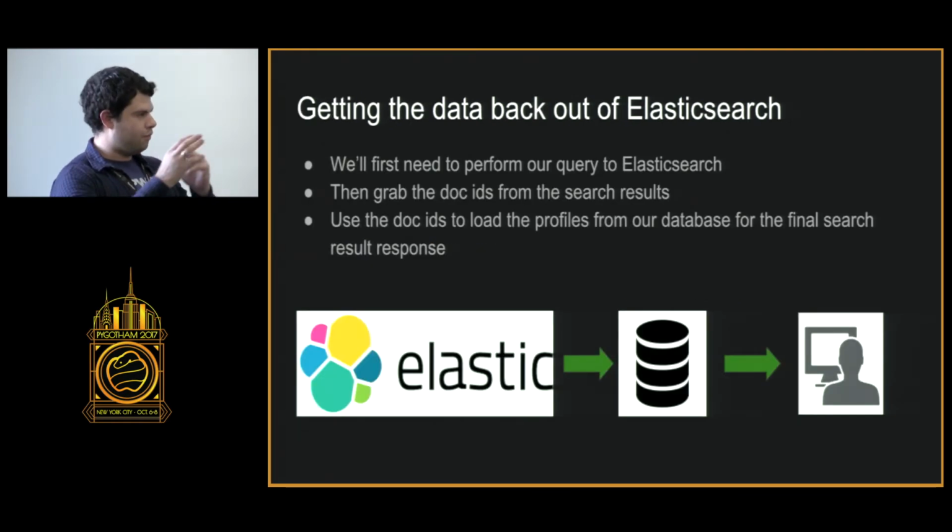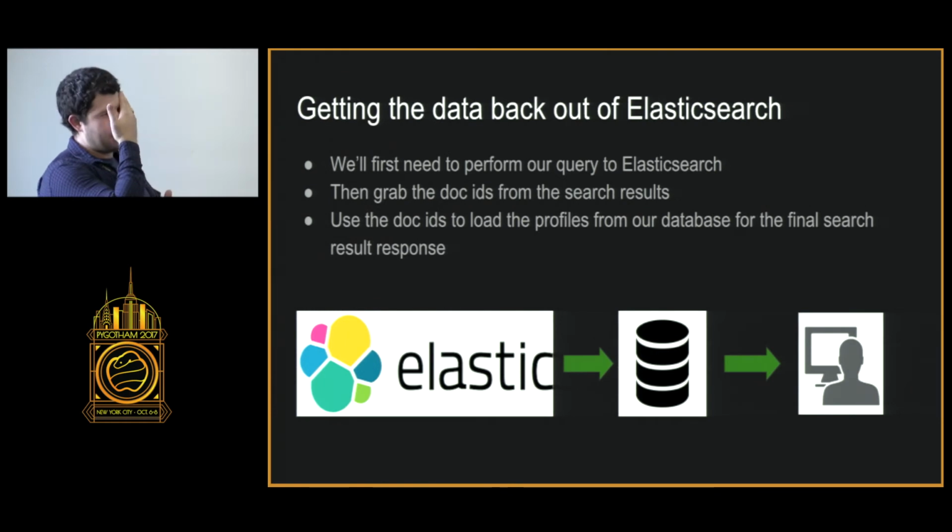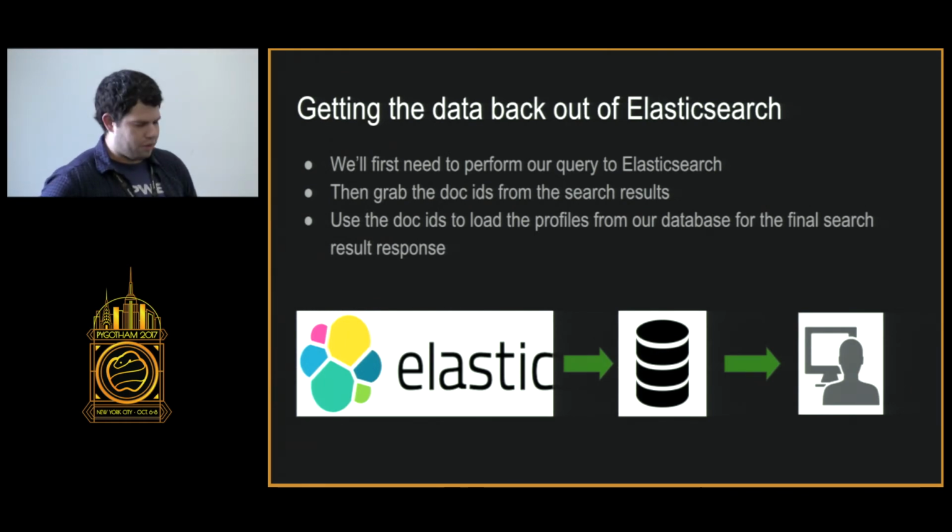Okay, so we've indexed our entire document, and now it's all in Elasticsearch. Great, we're going to perform our search now. So these are the steps we're going to go through. First, we need to perform our query to Elasticsearch. So say we're looking for Carmen Sandiego, that's our search query. Then we get our data back, and we found all the locations that Carmen Sandiego has been.